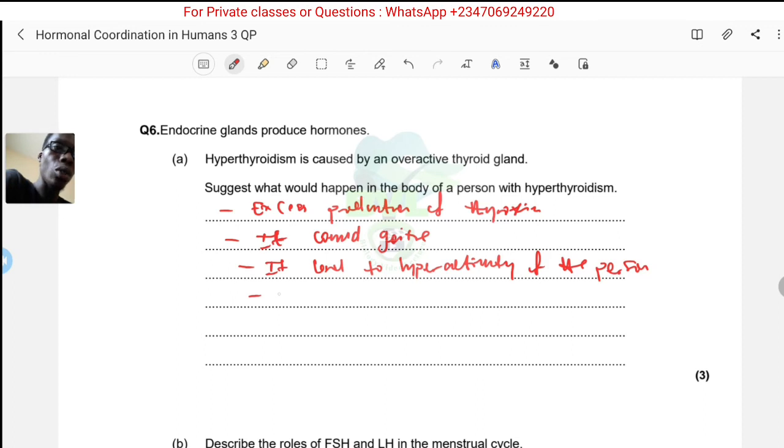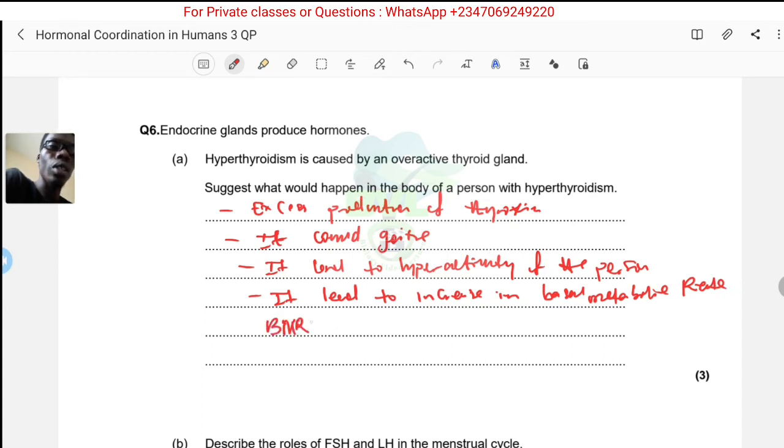It also leads to an increase in metabolism. It leads to an increase in basal metabolic rate, for short, BMR.